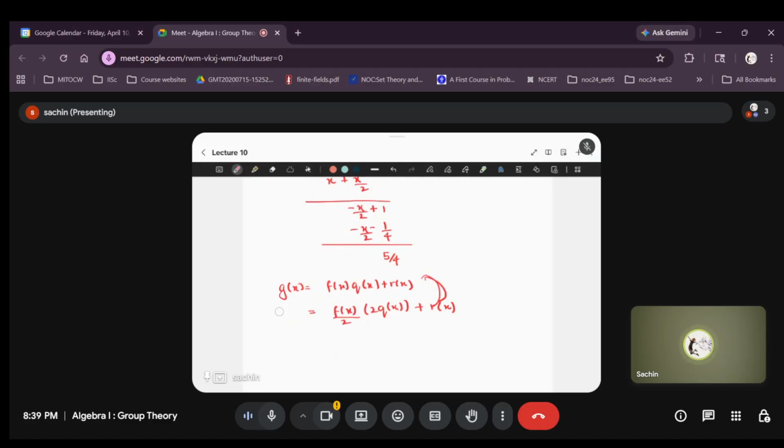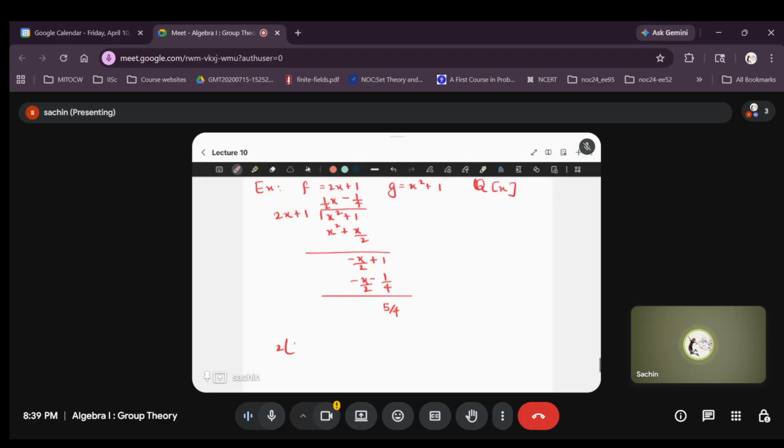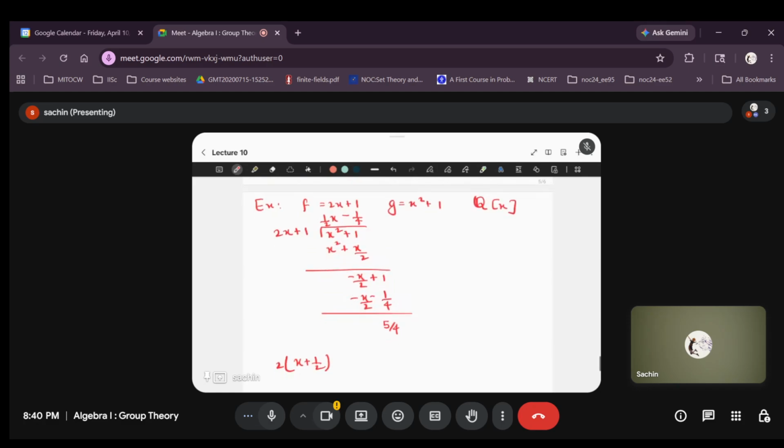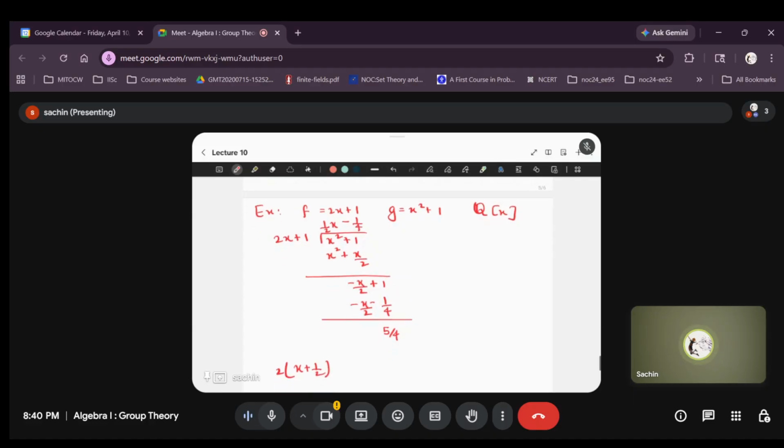So using this type of manipulation, you can write 2x plus 1 in Q of x as 2 into x plus half. And half belongs to the rational numbers, Q. Now, what is the remainder if you divide x squared plus 1 by 2x plus 1?